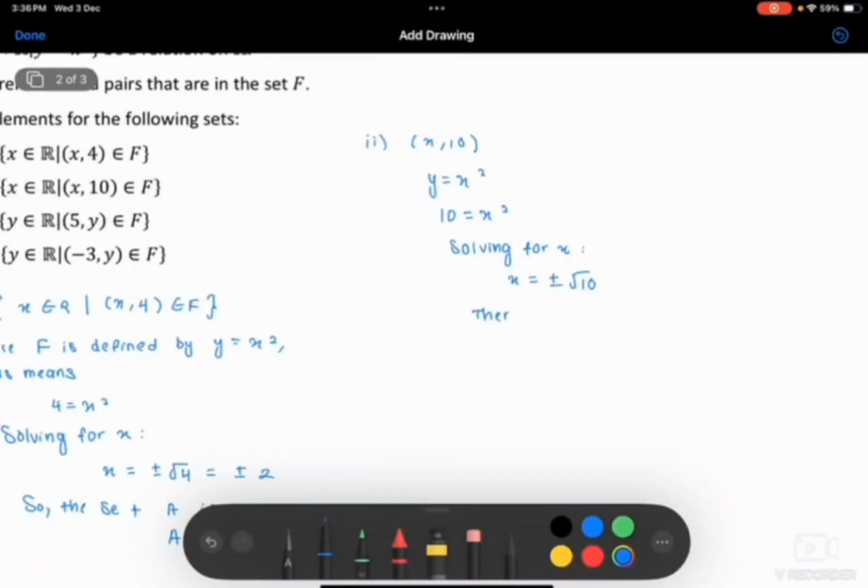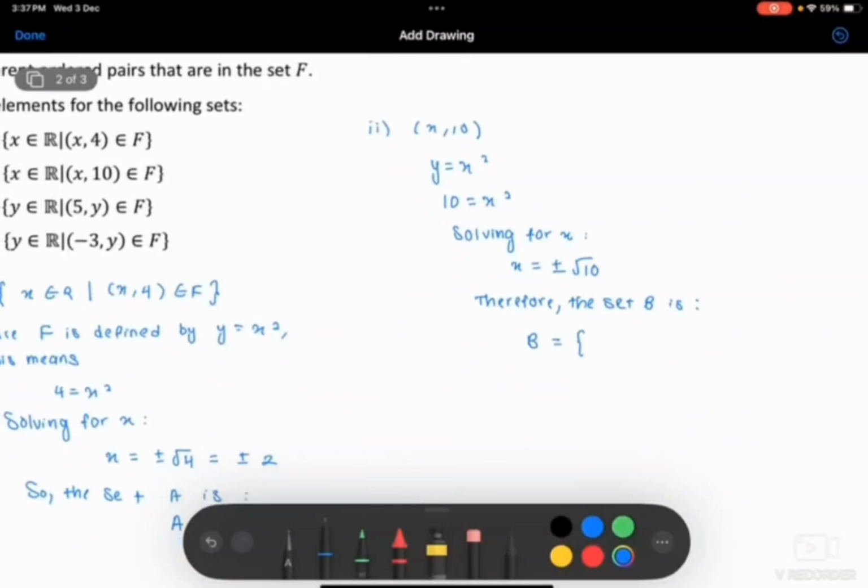Therefore, the set B is the set whose elements are negative square root 10 and square root 10.